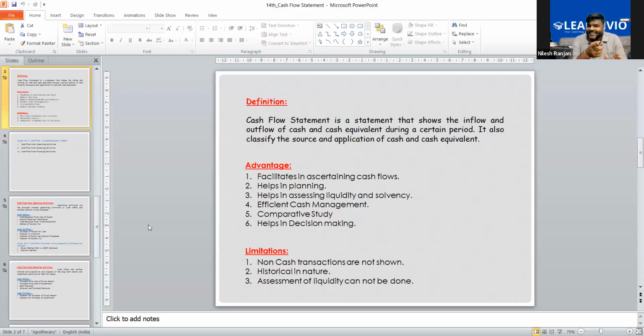Or also, if you're traveling in a train or something. So you can see it is an advantage and a limitation at the same time. That's why it is given here. Sometimes something is beneficial, and at the same time, that thing is problematic in some situations. So that's why it is written.